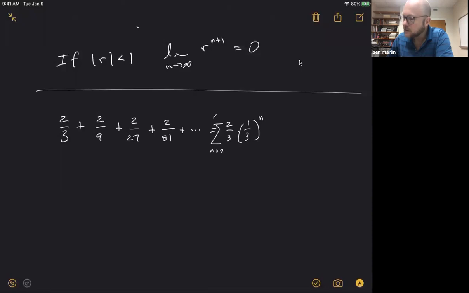Summation n equals 0 to infinity. Remember that that A will always be whatever that first term is, and then the R is what you're multiplying by each time.